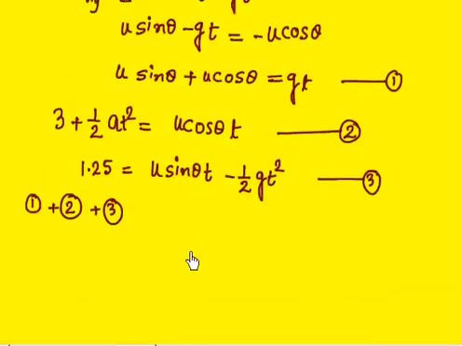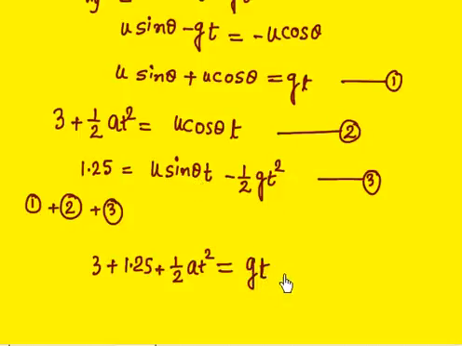So if I add 1 plus 2 plus 3, I will have this side 3 plus 1.25 plus half at square, and this is equal to, on this side u sin theta cos theta goes, so we will have g t minus half g t square. Are you getting or not?